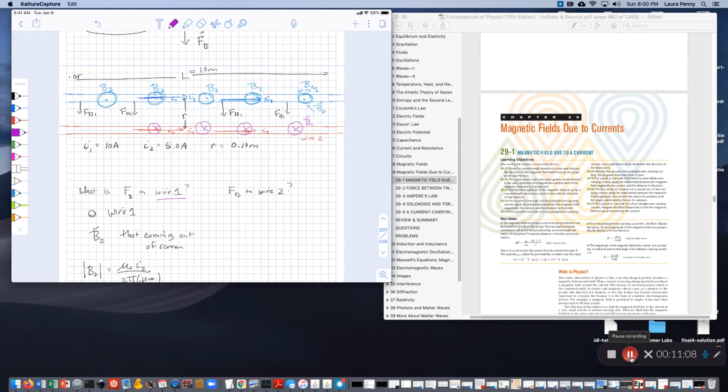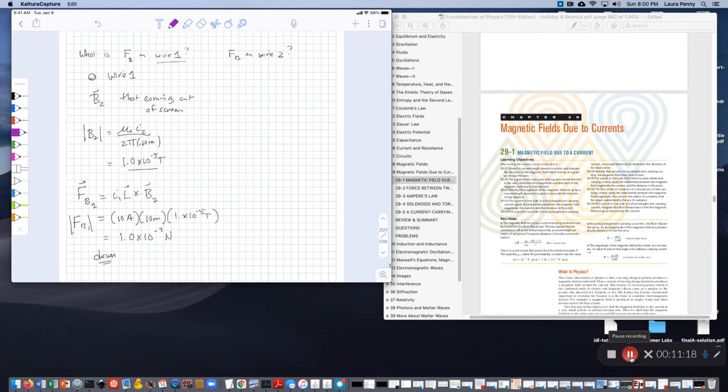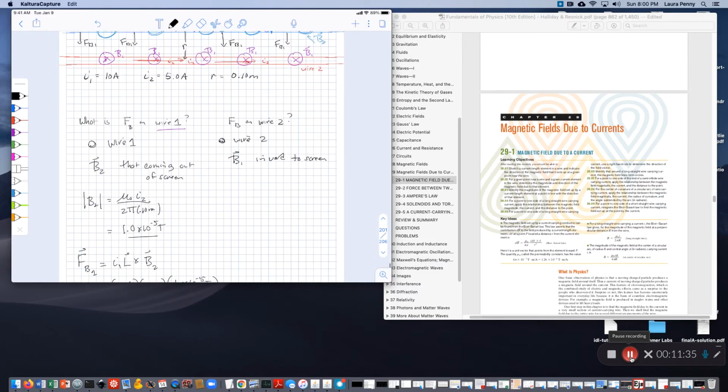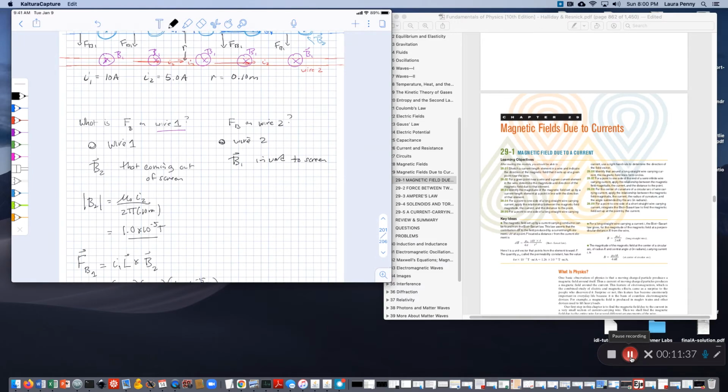So the purple here, this is B1 at wire 2. So then if I say force on wire 2, at wire 2, there's a B1 that's inward to the screen. This is the purple magnetic field that I drew.